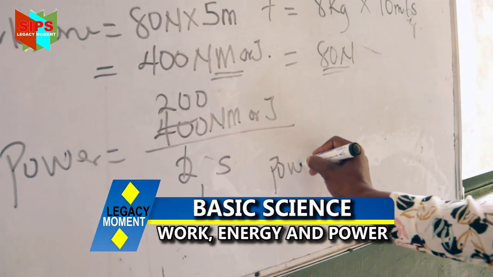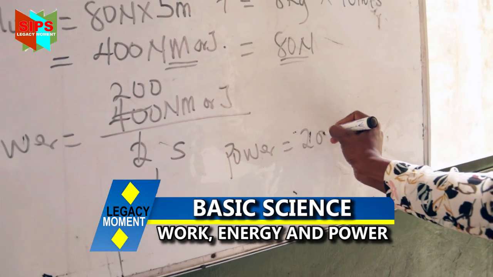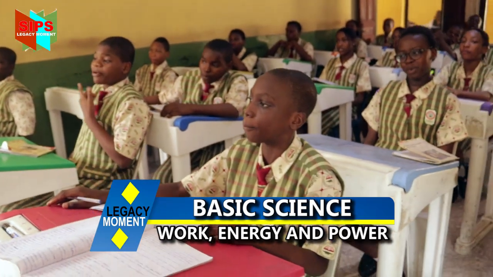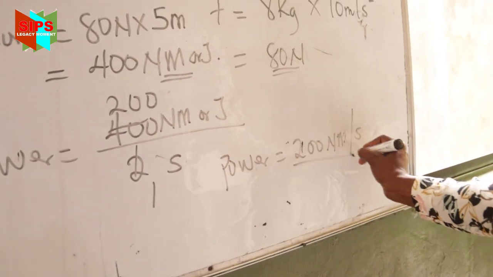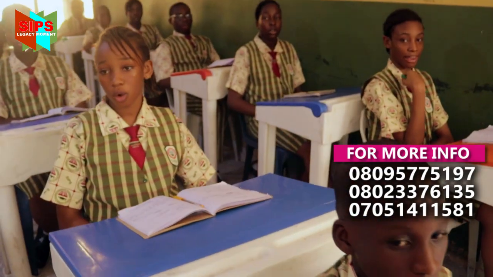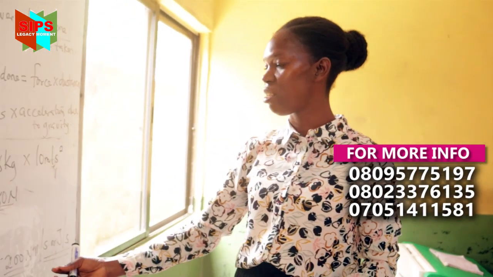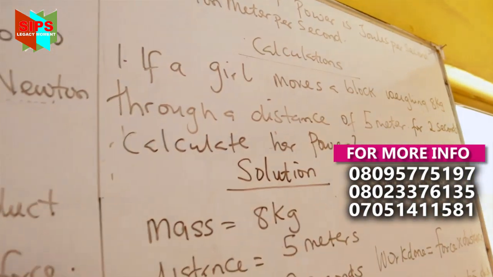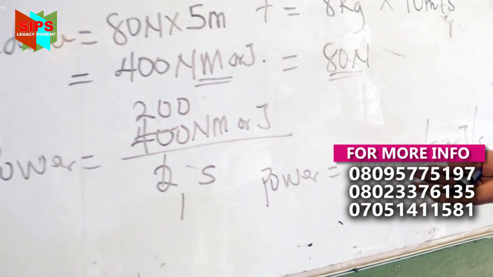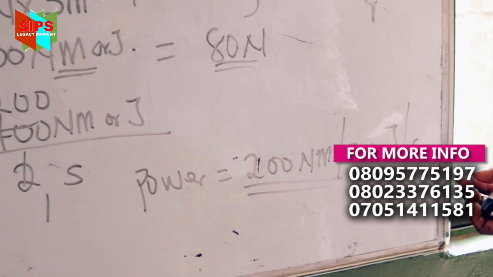So the power here becomes 200 Newton meter per second or joules per second. Alright, so from this calculation, we see that the girl possesses a power of what? 200 Newton meter per second.